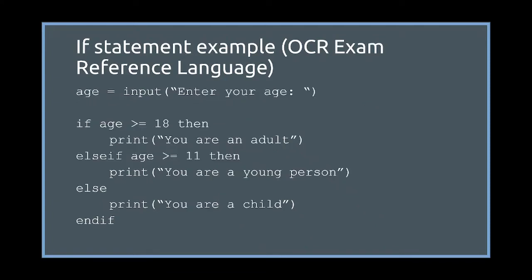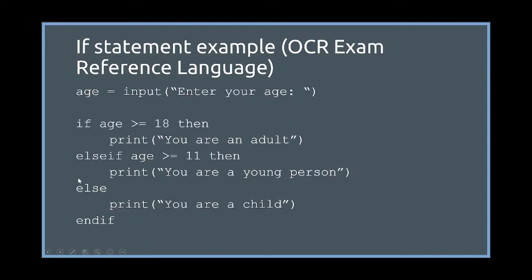We can do this using an else if clause. You can see this time the user is going to enter their age. If their age is greater than or equal to 18, then it will print out you are an adult. Otherwise, if the age is greater than or equal to 11, then print you are a young person.